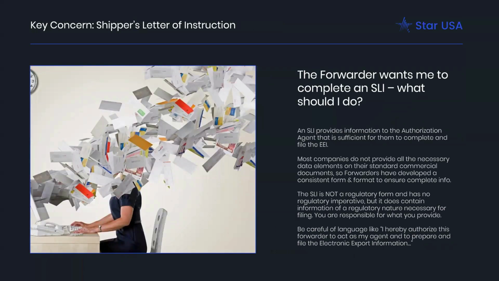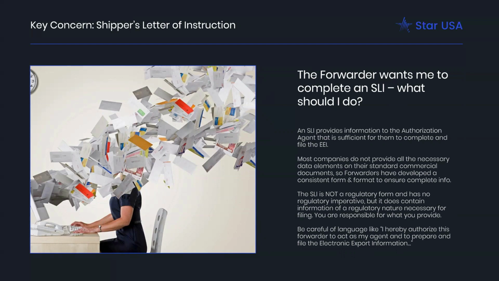One of the key concerns that we see people facing is the shipper's letter of instruction, the SLI. It is another acronym that I'm introducing, but it's very common for forwarders to request the USPPI to complete an SLI. That shipper's letter of instruction contains a lot of boxes that you're supposed to fill in.